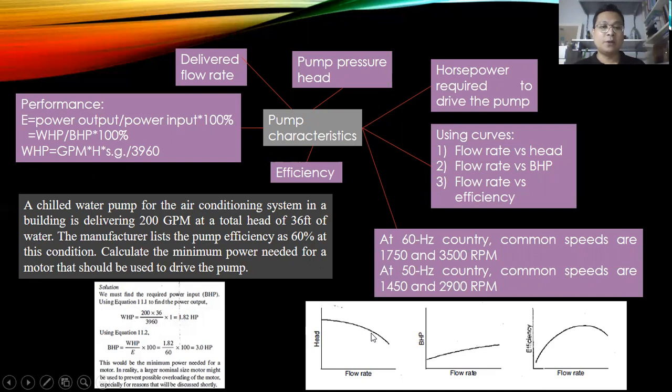Maybe we don't want to use the maximum power of the pump. Maybe the maximum is 75% of the pump power, so maybe around here. So we cannot use the whole capacity of the pump.